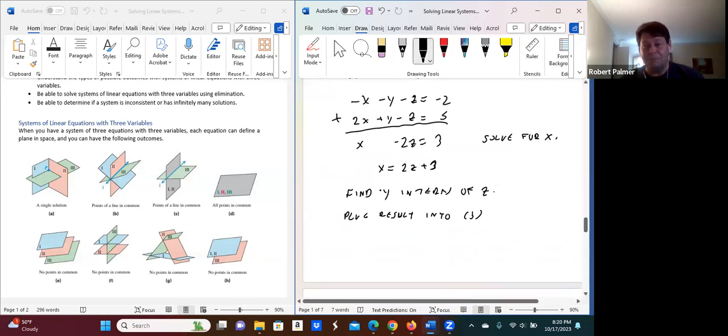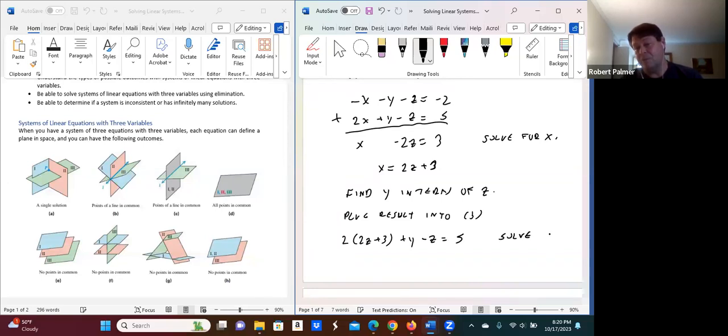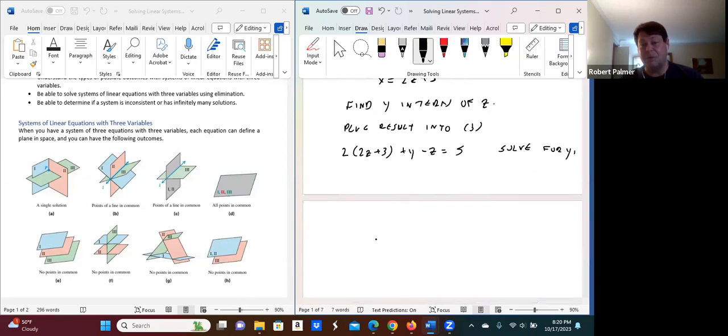So this is my x. We have 2 times x, which is 2z plus 3, plus y minus z is equal to 5. Now I want to solve this for y, because now I have just an equation involving y and z. Of course, distribute the 2.